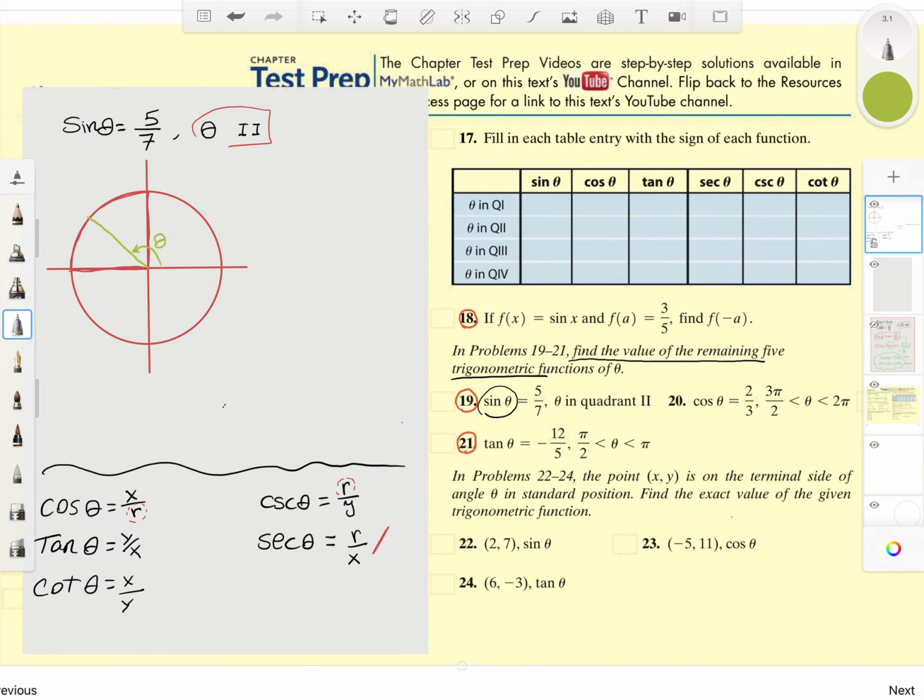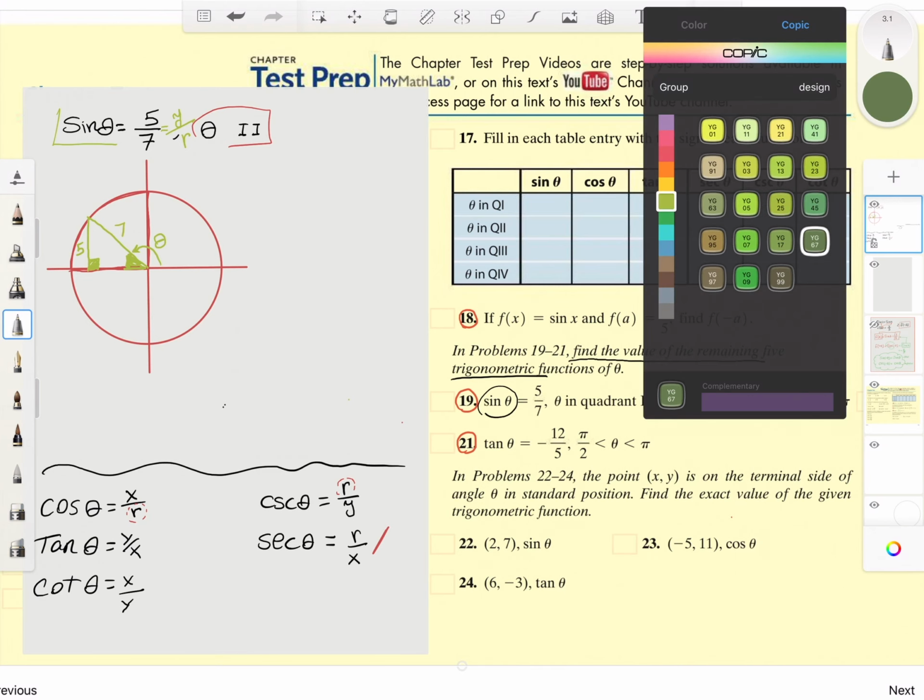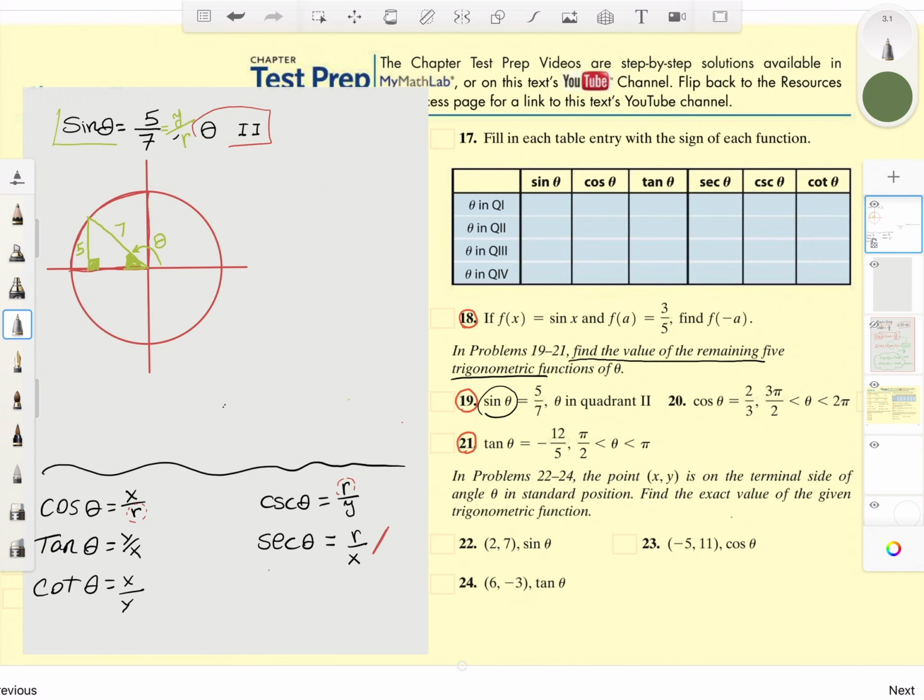But we always deal with the reference angle, which is this much. We make a right triangle. And sine of theta is given as 5 over 7, which is y over r. So this is 5, this is 7. We use the Pythagorean theorem to solve for x.